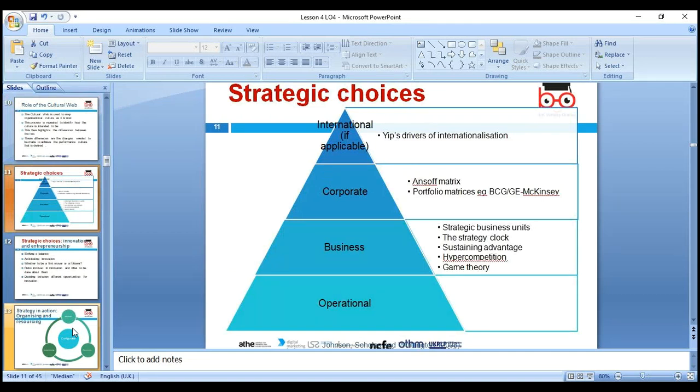the organization. For strategic choices, we need to look at what we really want to be and what sort of changes we want. We discuss the business plan, strategic plan and strategic choices in other lessons as well, like the operational level, business level, strategic business unit, strategy clock, sustainable advantage, hypercompetition and game theory, the Ansoff matrix, market leadership, and new products in new markets.